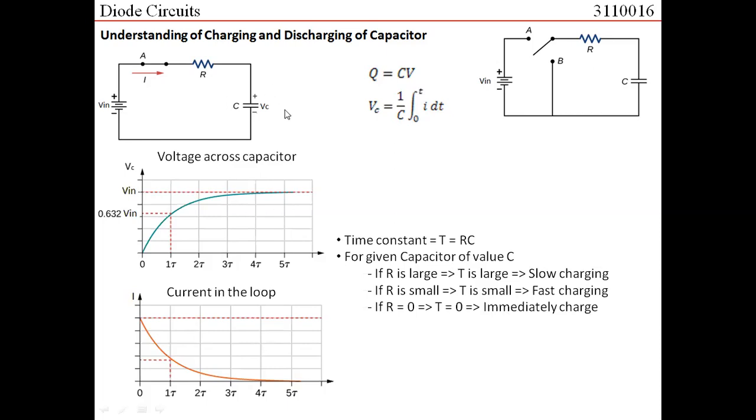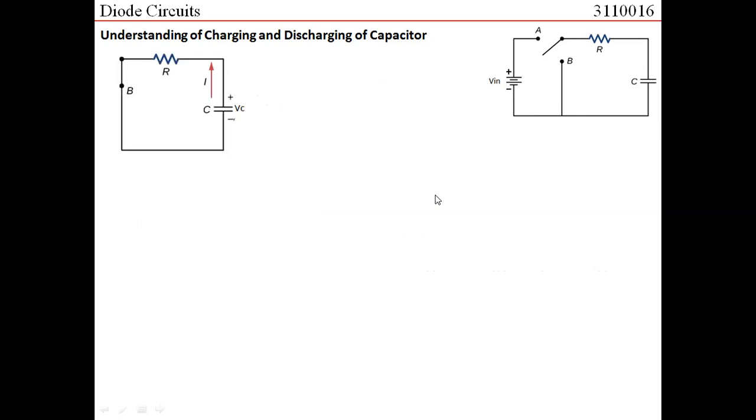Now, considering that the capacitor is charged to Vc, let us see how the discharging of the capacitor takes place. So now suppose that I shift this switch from position A to position B. So the circuit that I would get would primarily be something like this.